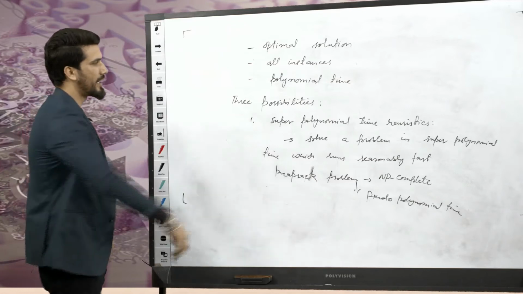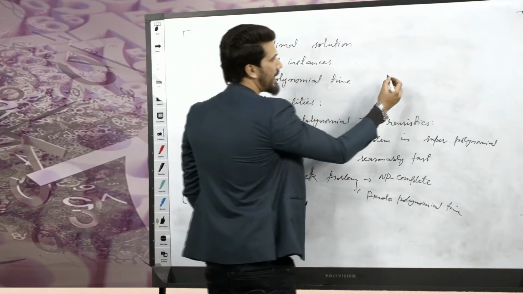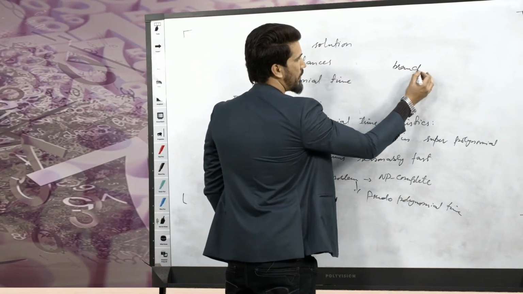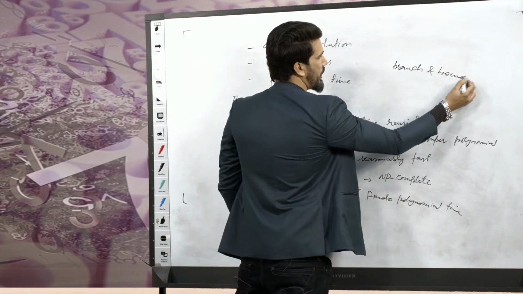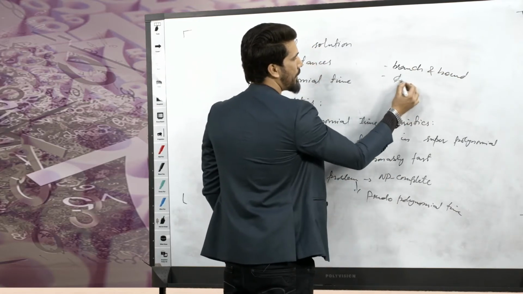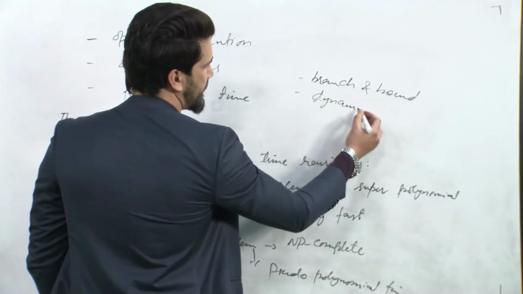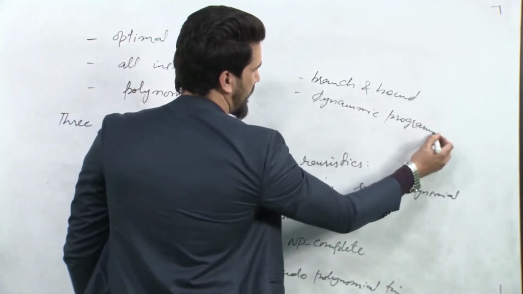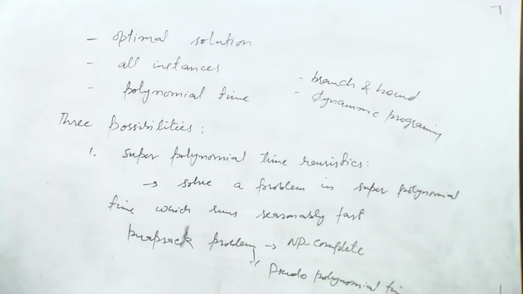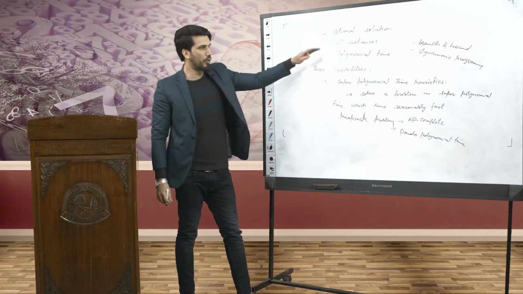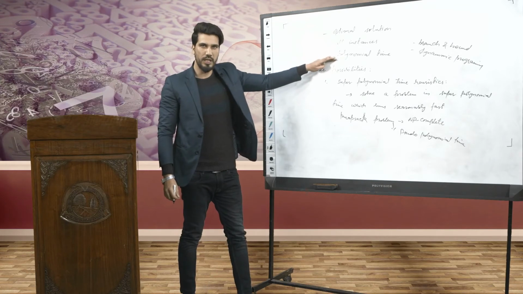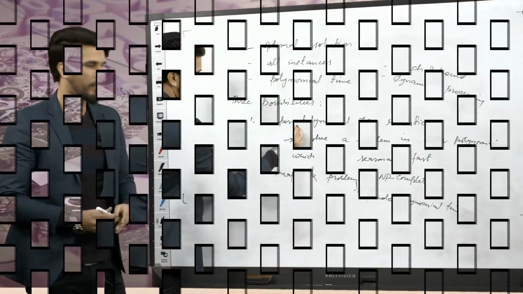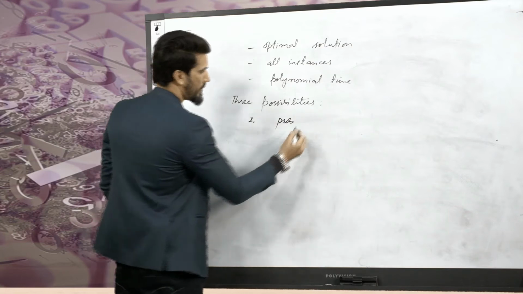We use the techniques of branch and bound and dynamic programming to come up with the solutions by relaxing the polynomial time requirement of our problem. This is our second possibility.